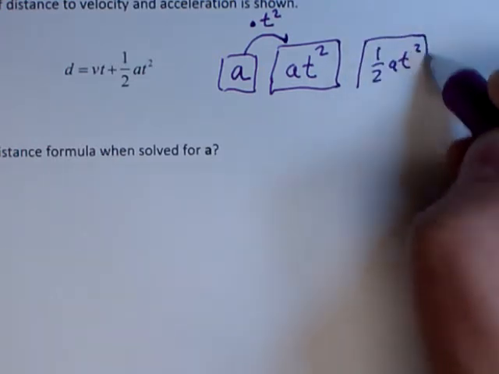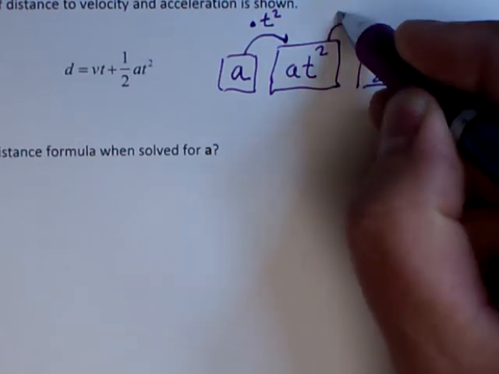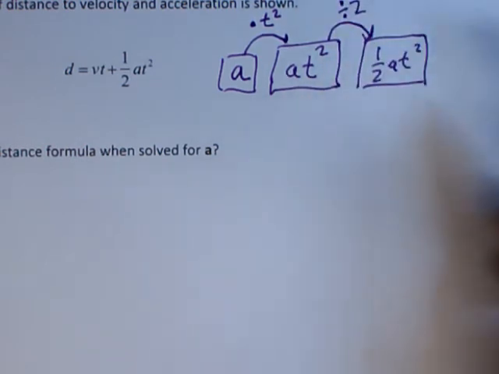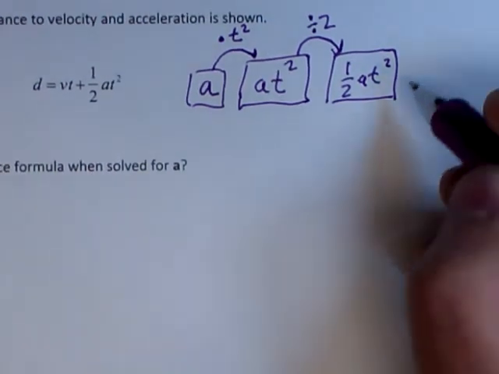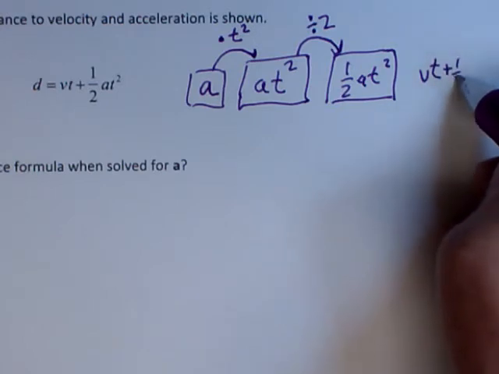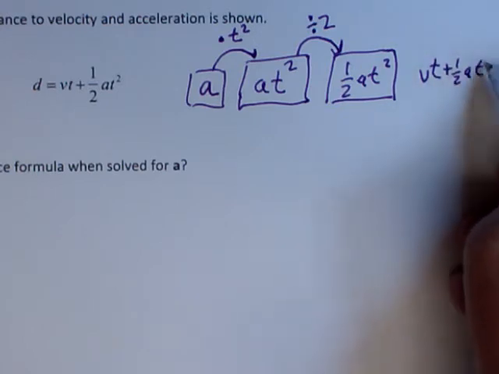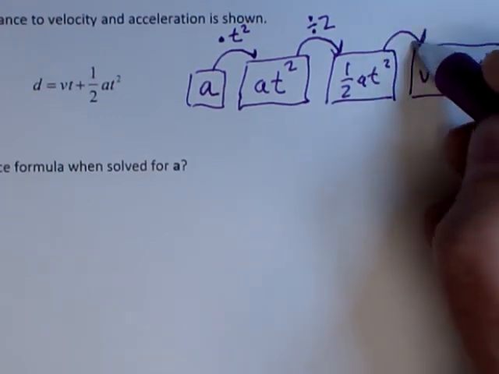And how did I get from this to this? I divided by 2. Lastly, I see that I add VT to that, so finally I have VT plus 1/2 AT squared. And how did I get to that? I added VT.